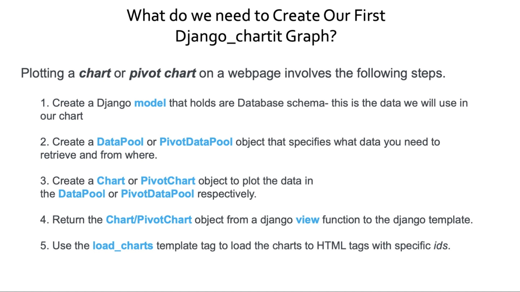We will create either a chart or a pivot chart object to plot the data in the data pool or the pivot data pool. And then we will return the chart or pivot chart object from our Django view to our Django template. We will also use load_charts, a special template tag, to load the charts to our HTML tags with specific IDs. So those are the 5 steps. You'll use those 5 steps every single time you want to render a Django Chartit graph.